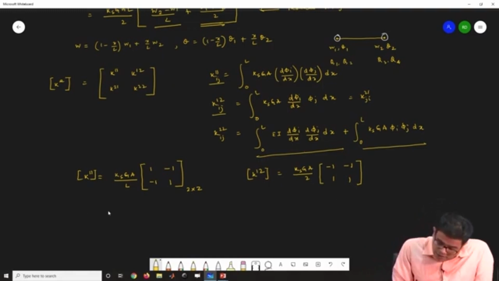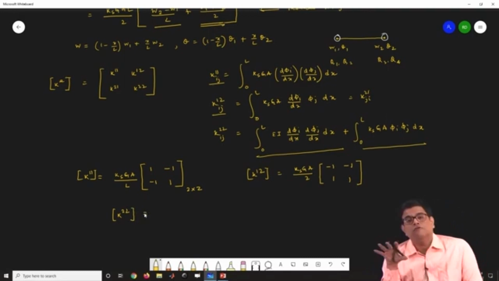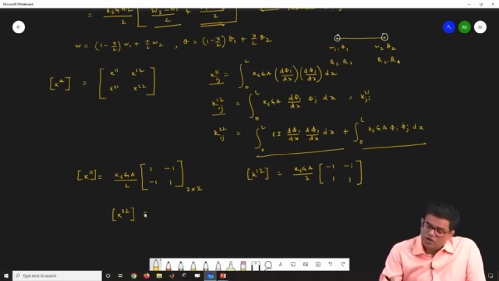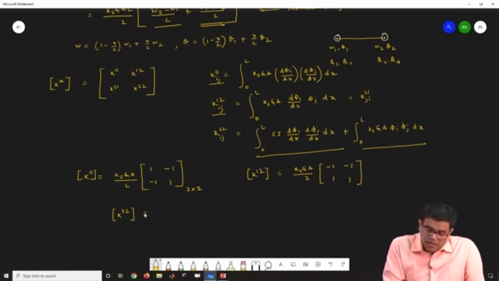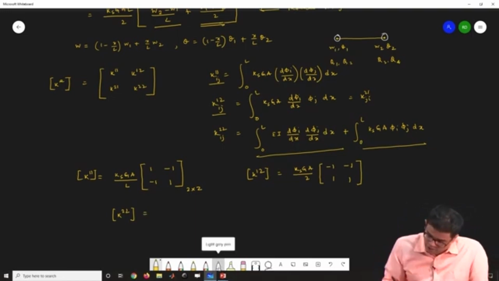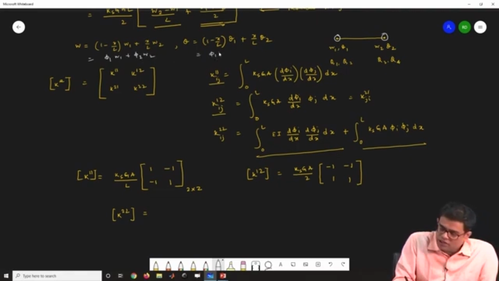Now the main interesting change is here, K22. For the first term I will use the usual bending stiffness, the fully integrated one. You see these are constant terms, because phi is a linear polynomial. Essentially the interpolation is phi 1 W1 plus phi 2 W2, and here also phi 1 theta 1 plus phi 2 theta 2.